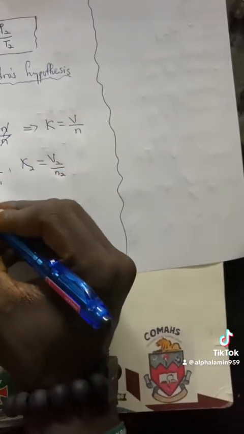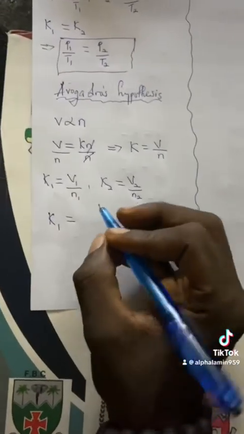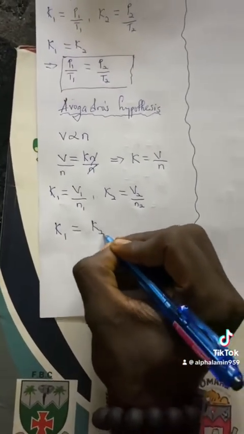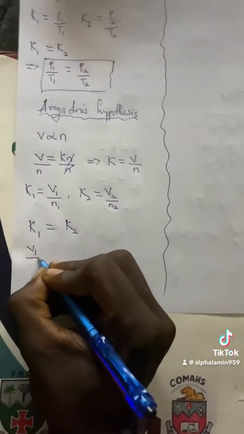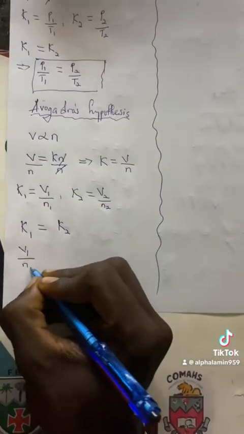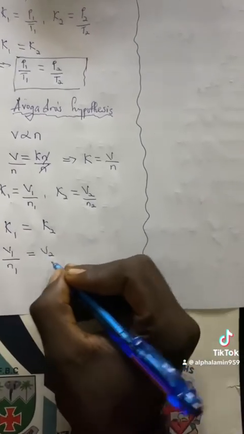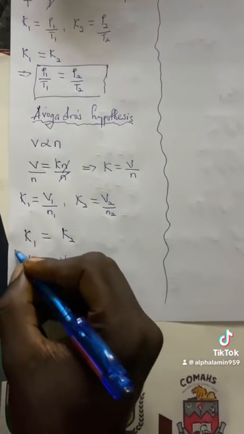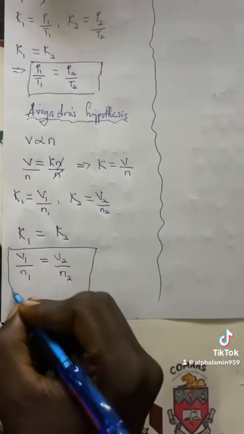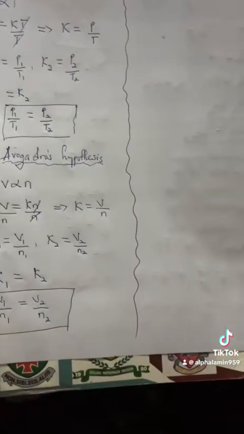Well, we know that our K1 is always equal to K2. So K1 is V1 over n1, K2 is V2 over n2. This is the relation that you can use to solve problems under Avogadro's hypothesis.